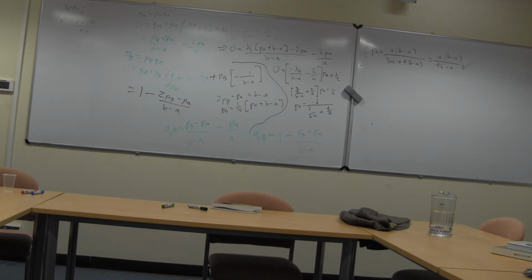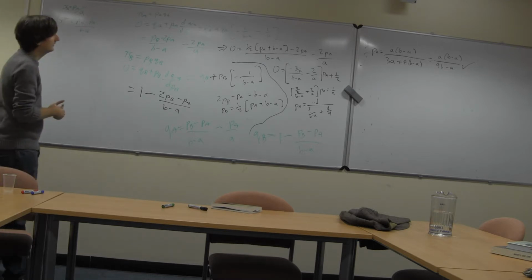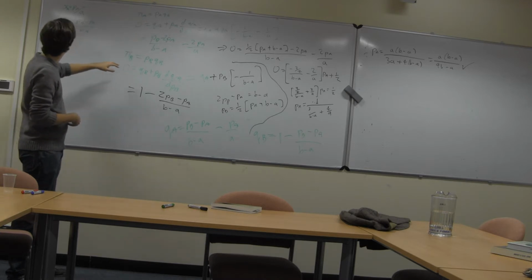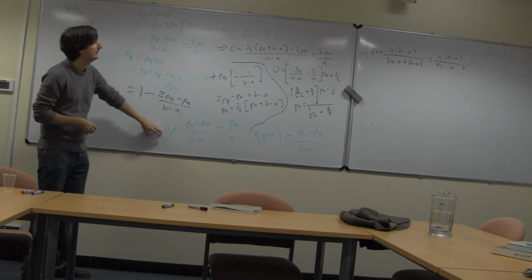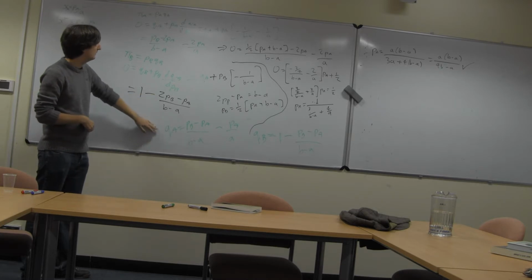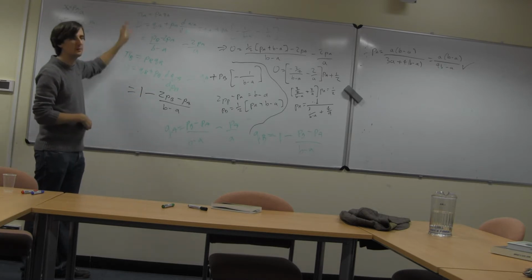Did that make sense? And then if you wanted profit, you've got the price, you've got an expression for quantity, you substitute prices into quantities, and that gives you the quantities, and then you substitute that into profits.